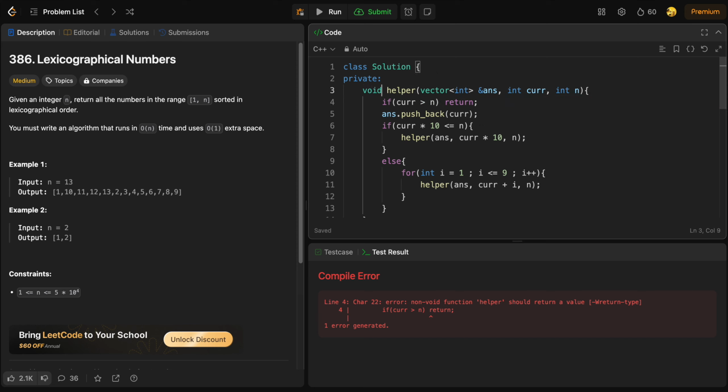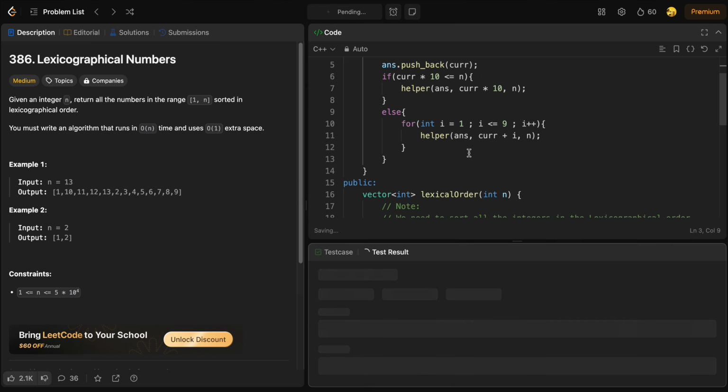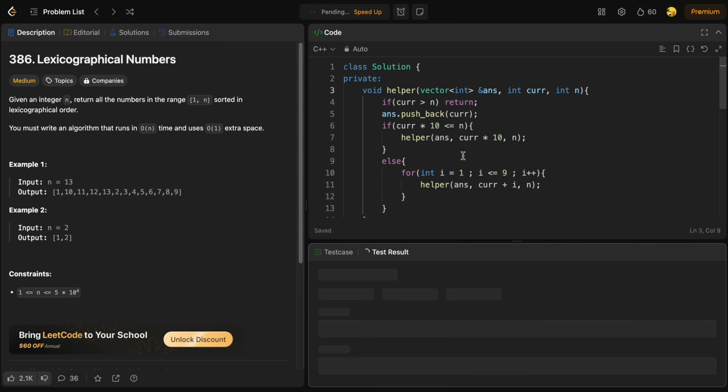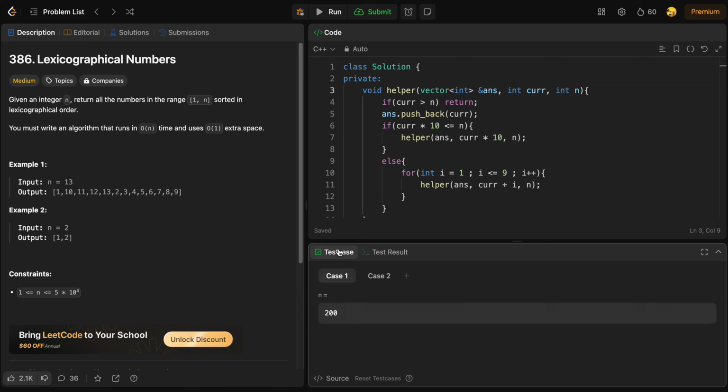So I'll just make it void, because that ideally won't be returning anything. So I'll just check it with some smaller numbers, like 3.